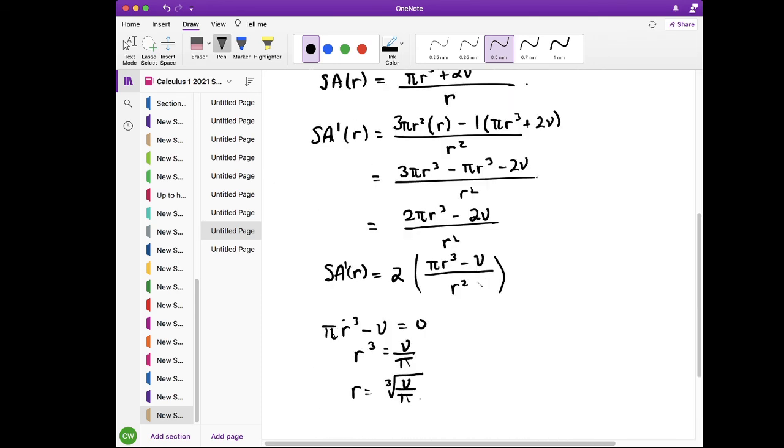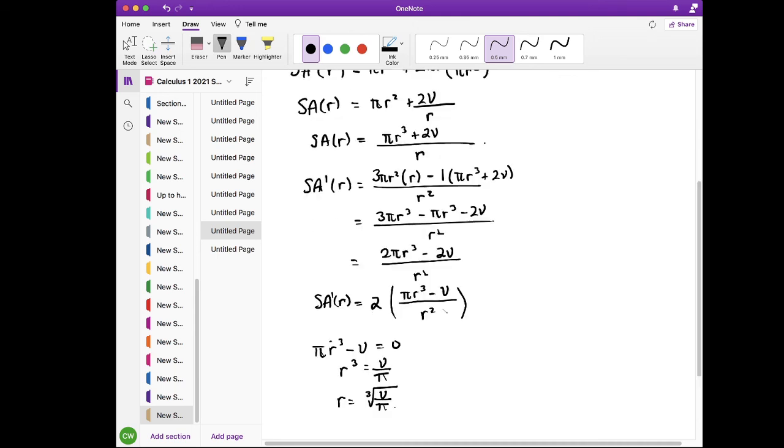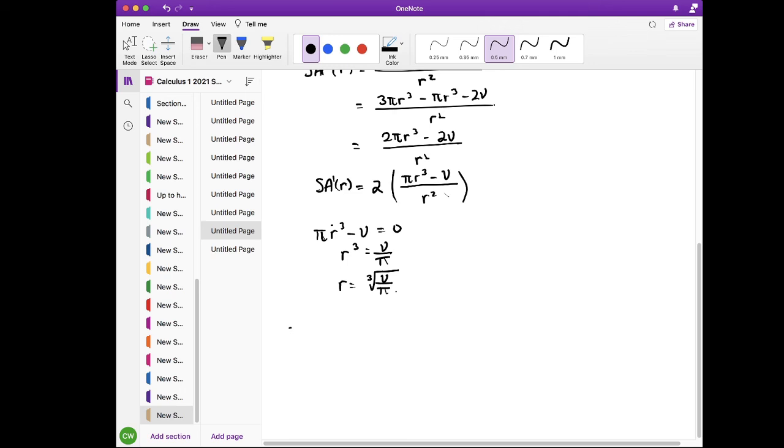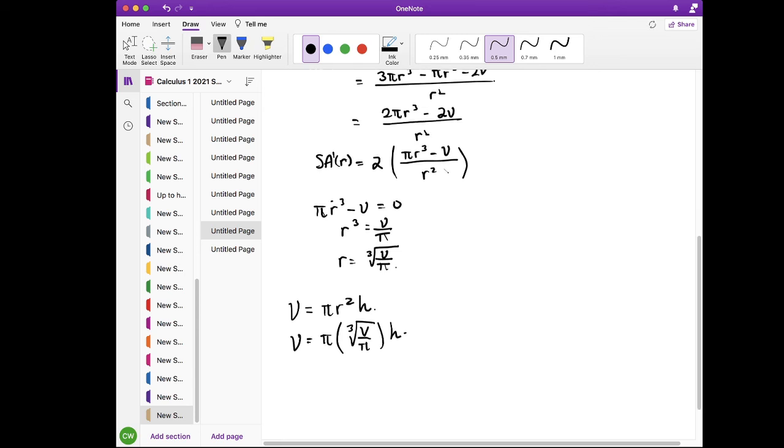So now we need to see the height, right? All right, so if v was equal to pi r squared times height, and we just found out that r was this cube root of v over pi, then we can find height.